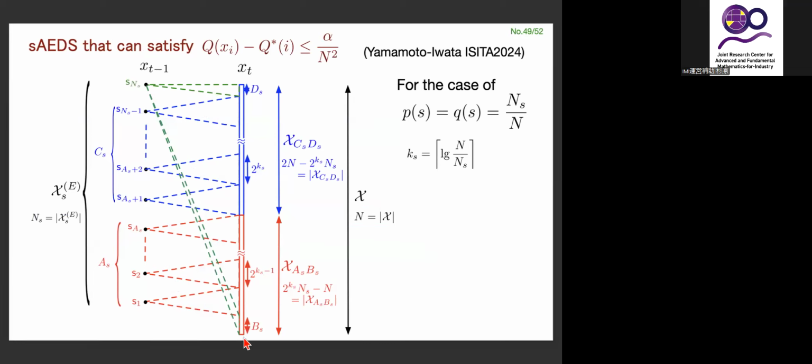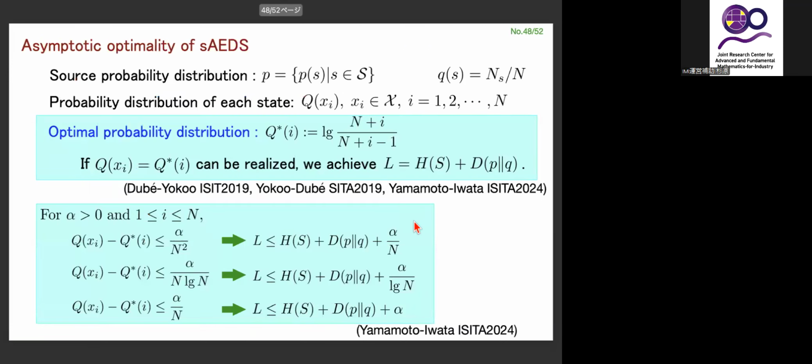The right side represents X at the time T, and in this region, KS minus 1 nodes are mapped to 1 node, and in this region, KS nodes are mapped to 1 node, and the remaining part is mapped to 1 node. Then we can attain this upper bound. We can construct the SAEDS that satisfies this relation. Therefore, such SAEDS attains this upper bound.